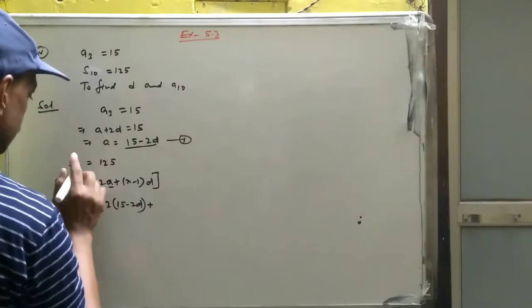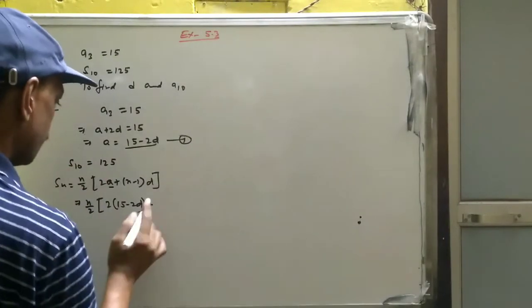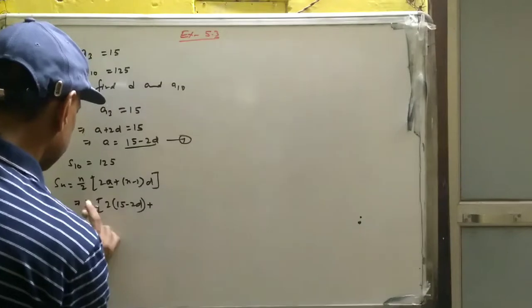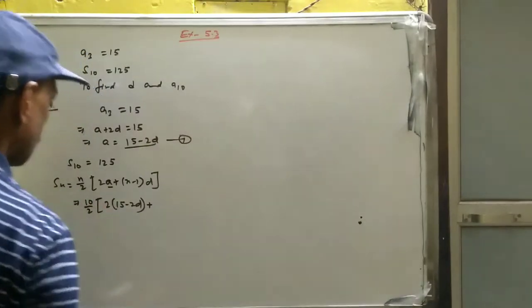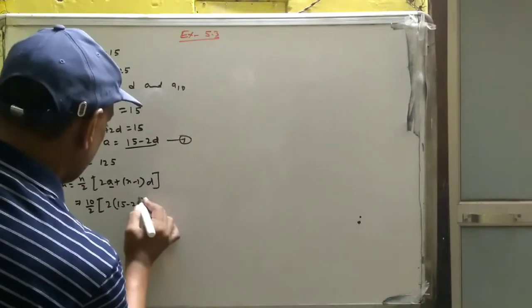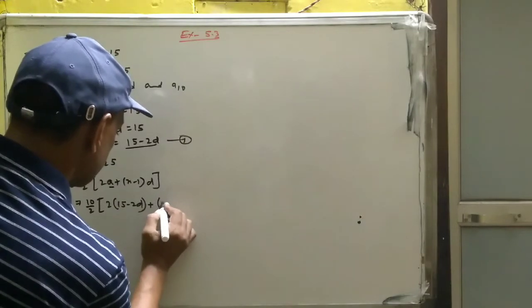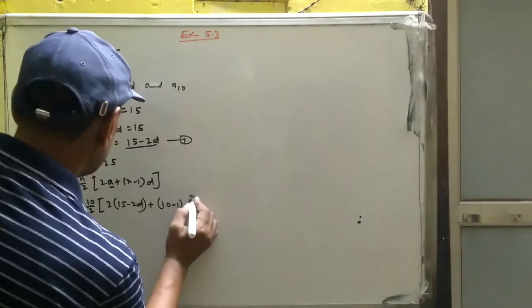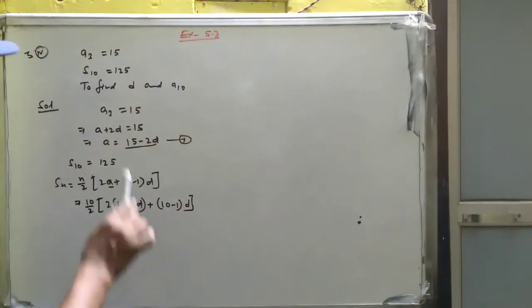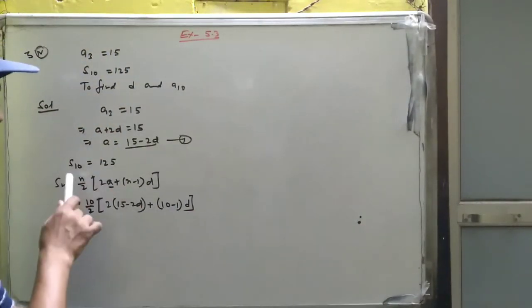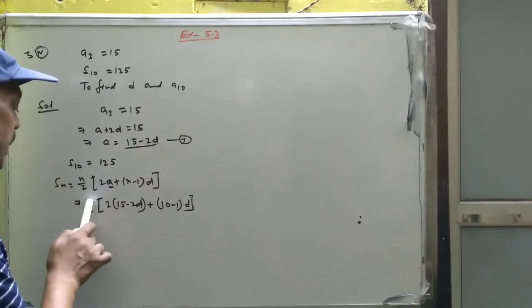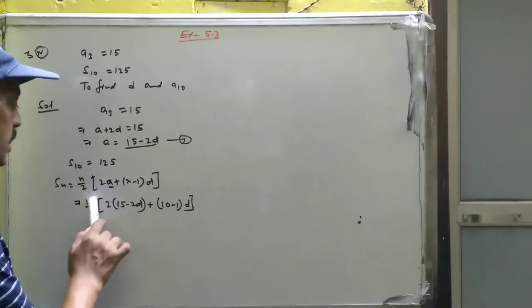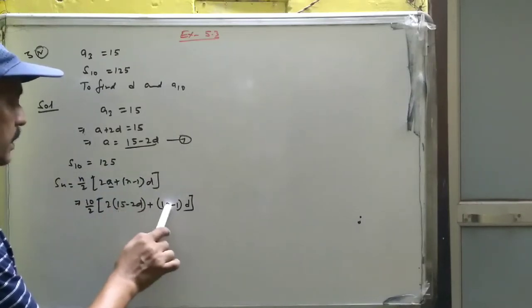So this is not Sn, this is S10. So at the place of n we will write 10. Now plus n minus 1: 10 minus 1, and d is not given. See carefully, S10 is given 125, so at the place of n we will write 10 here as well as in this place.